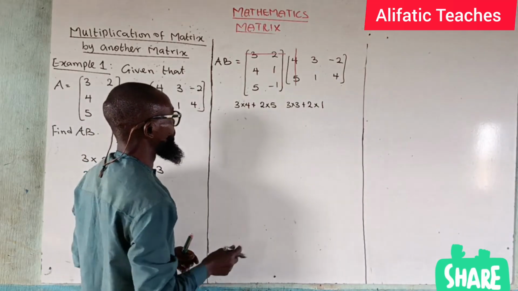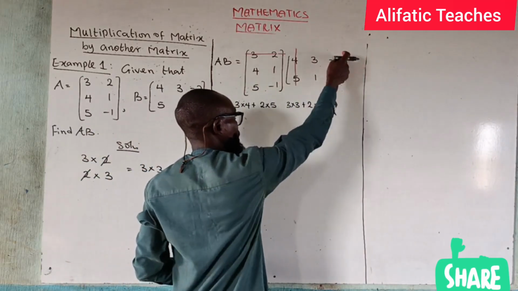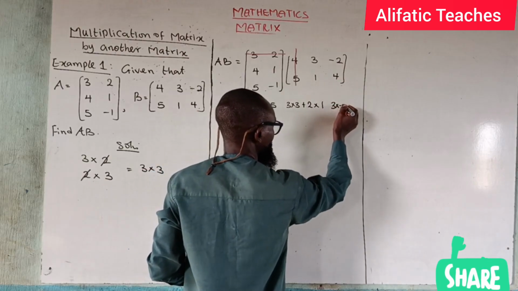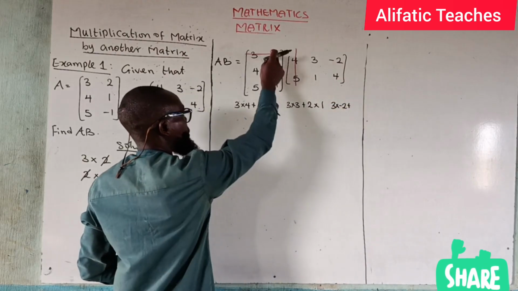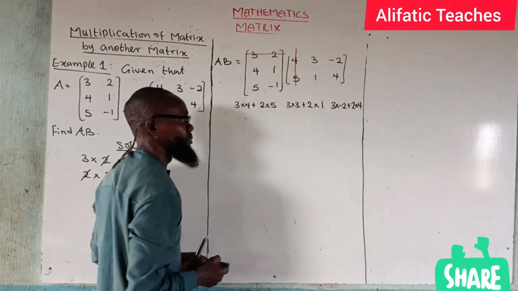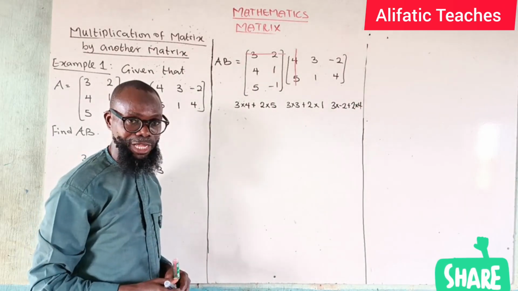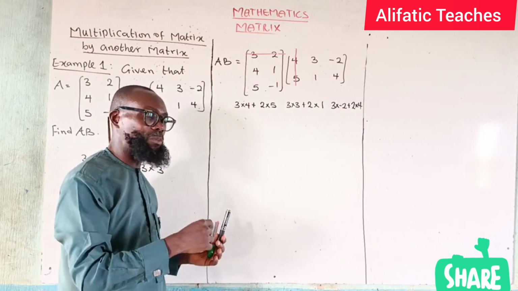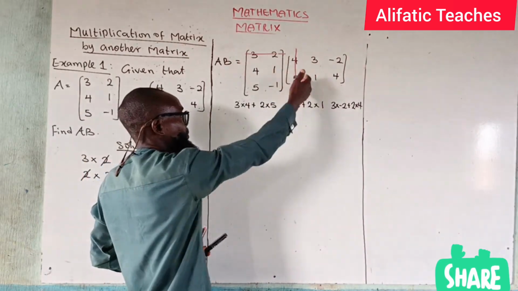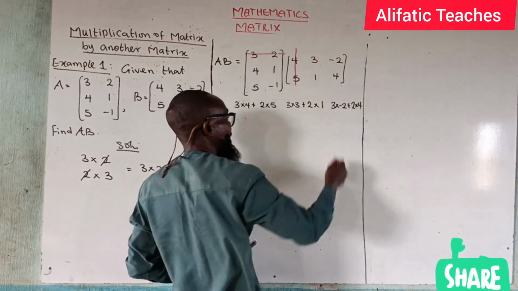Then, we move on to the first row, third column: 3 times minus 2 plus 2 times 4. Are we together? Now we are done with the first row. We have used the first row to multiply first column, second column, and third column.